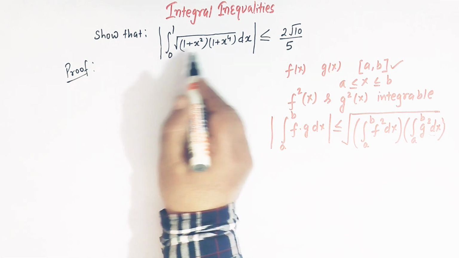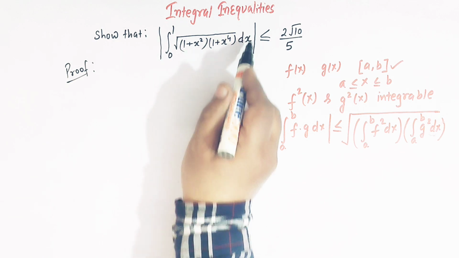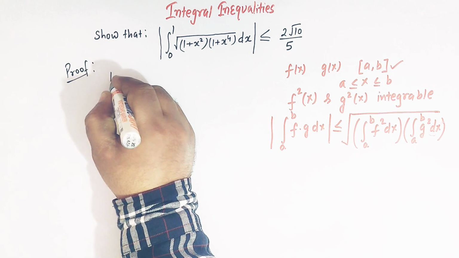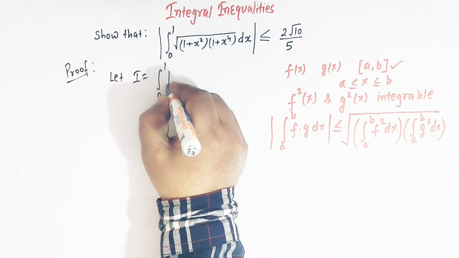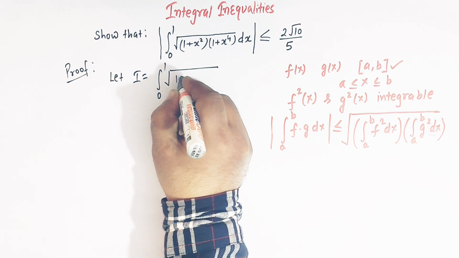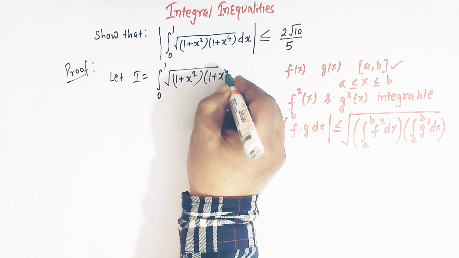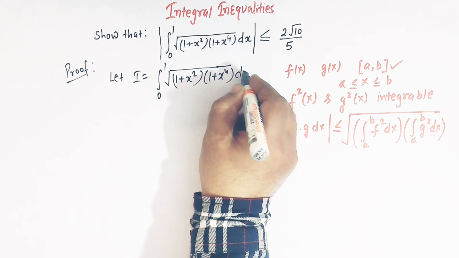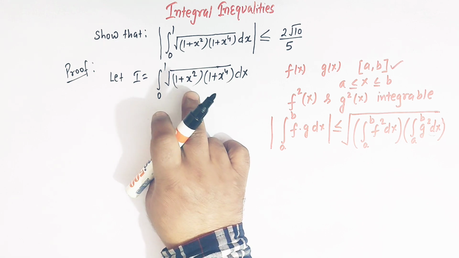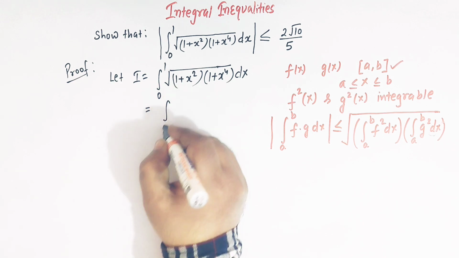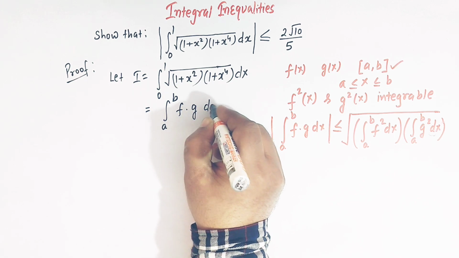So let us first take the integral inside the mod symbol as I. So I is equal to the integral from 0 to 1 of square root of 1 plus x square, times square root of 1 plus x raised to 4, dx. Now let us express this integral as a to b f times g dx.